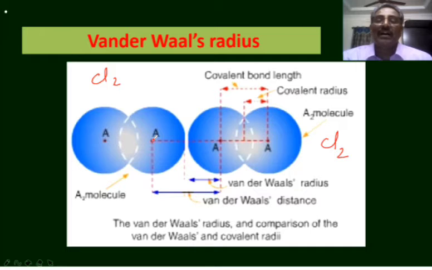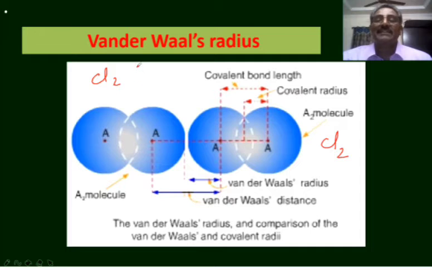So half of this intermolecular distance between the chlorine atom of one molecule and the chlorine atom of a neighboring molecule, which are not bonded by covalent bond but are associated together by van der Waals force, is known as the van der Waals radius.